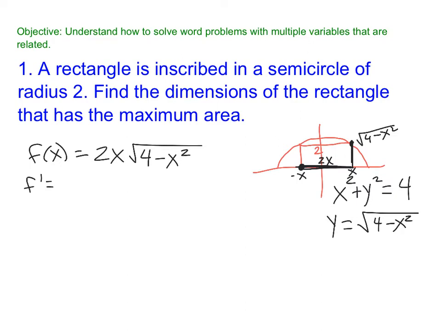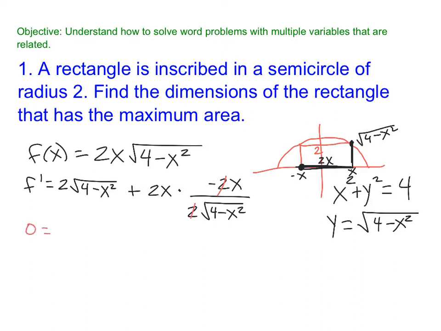Take the derivative: 2 root 4 minus x squared plus 2x times the derivative of a square root, which is 1 over 2 times the square root, and then the derivative of the inside, -2x. Now this one is a little more difficult to solve. I'm going to cancel those out, set it equal to 0. So we get minus 2x squared over the square root of 4 minus x squared.